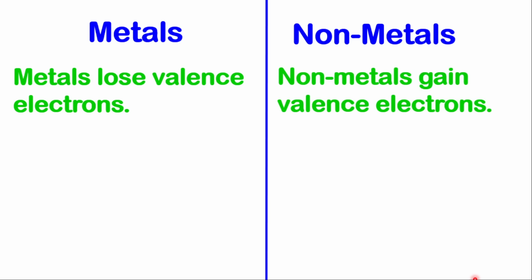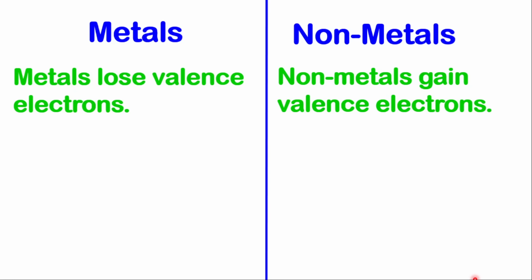And that has to do with what we call electronegativity. We can discuss that later. Electronegativity is the ability of an element or atom to draw electrons towards it. So non-metals are more electronegative than metals, so non-metals are able to draw electrons closer to them, compared to the metals.